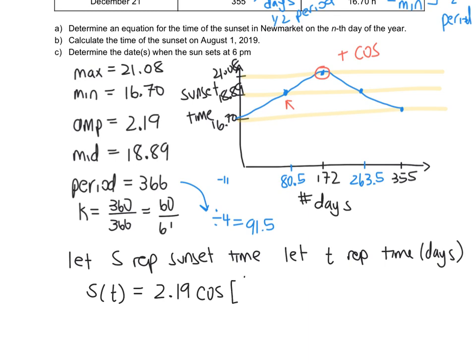My K value is 60 over 61. And because I'm starting at that maximum, which occurs 172 days later, my phase shift is 172 to the right. So I'm going to write T minus 172. And then I can finish my equation off with my midline, which is positive 18.89.